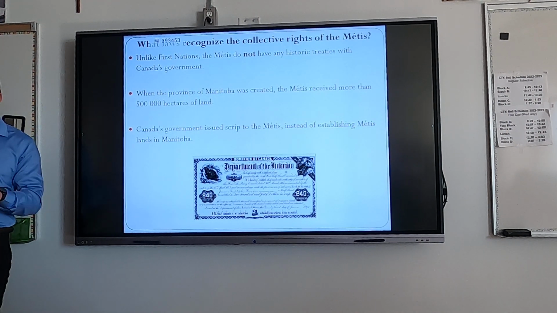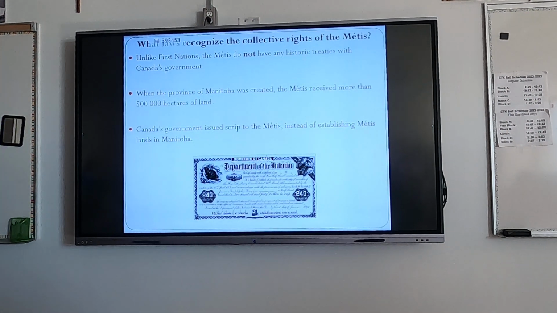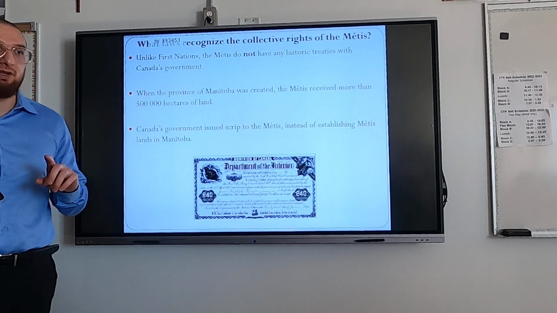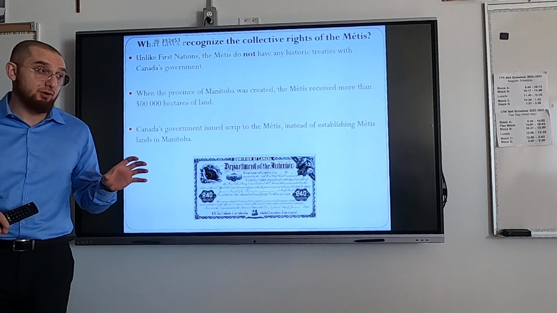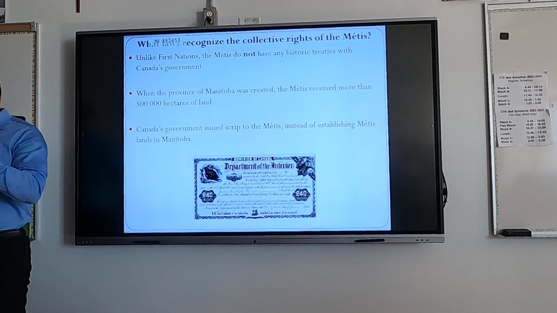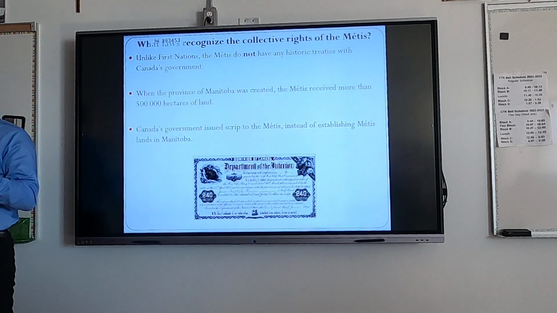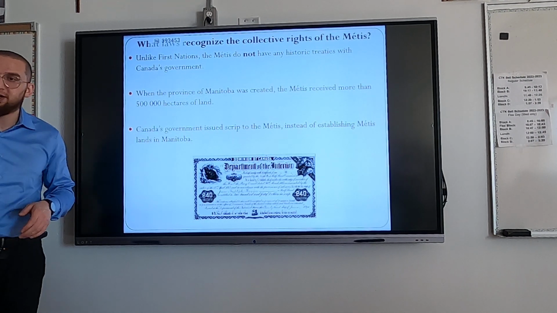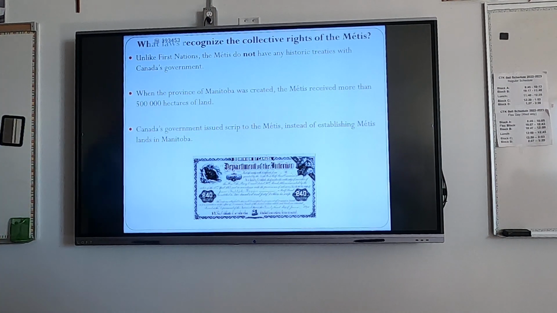If that's the case, that's a key difference between many of the other indigenous groups and Métis groups. The indigenous groups were given a reserve. They were told, on Treaty 6, you have several reserves. These are the places where you can live and do what you want. Whereas Métis people may not have had that restriction.